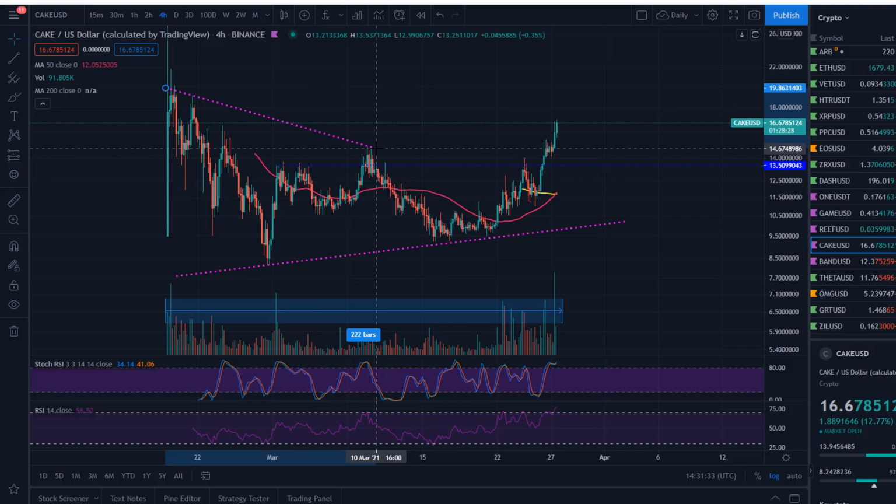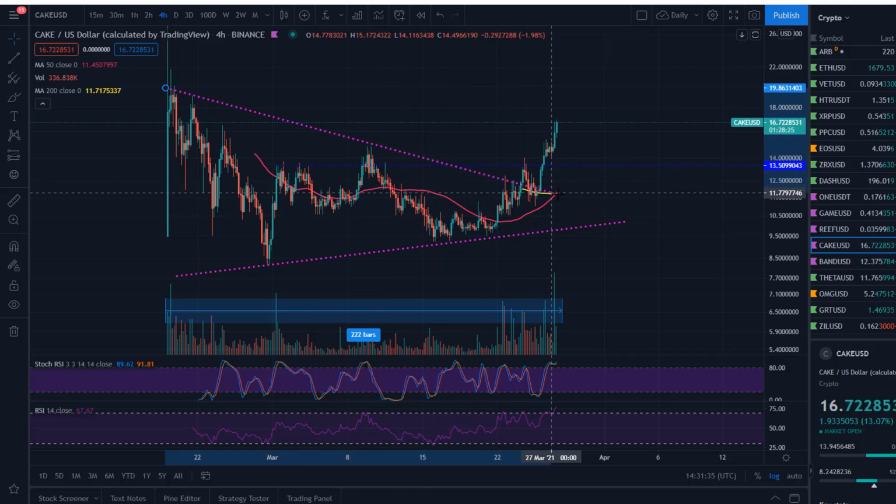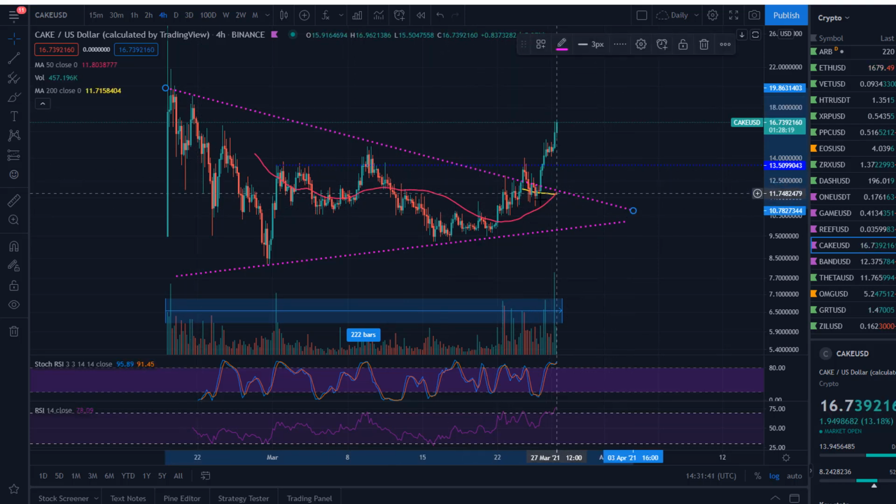But we tested up, redrew the line, and found this to be my new downtrend resistance line, right? So I had accumulated some in here. It dipped down. I wish I had waited because there was a Bitcoin correction here, which I could have got it super cheap.